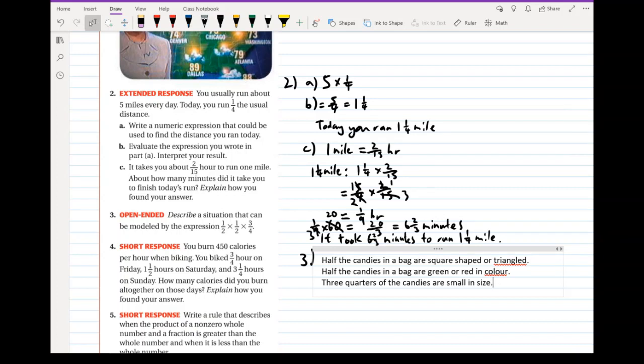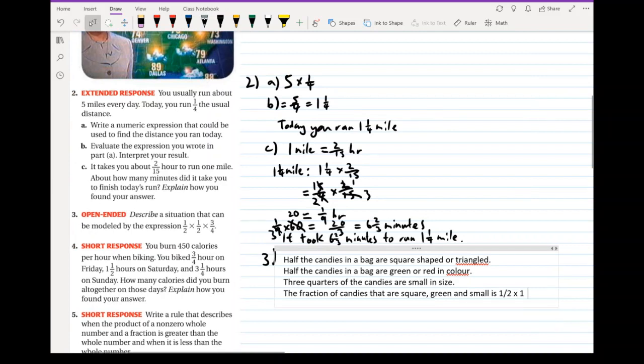And so this expression will be the fraction of candies that are square, green, and small is half times 3/4.